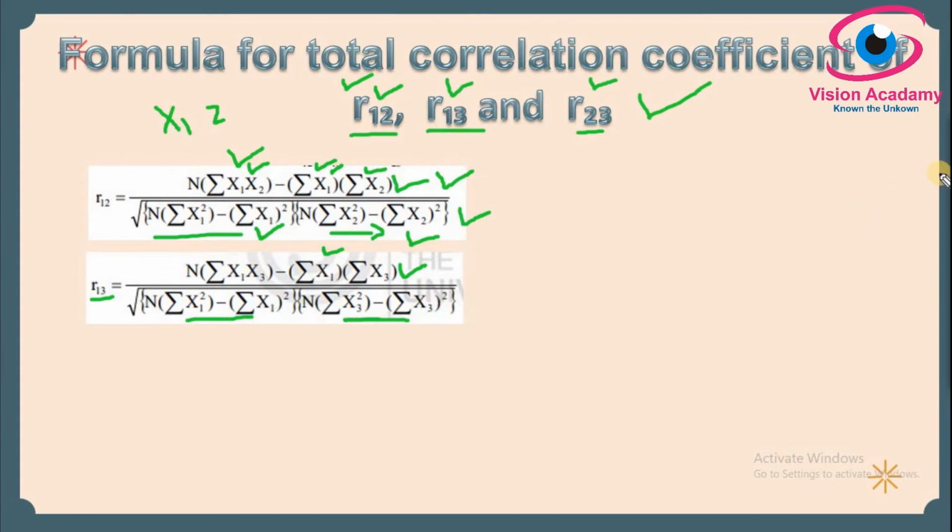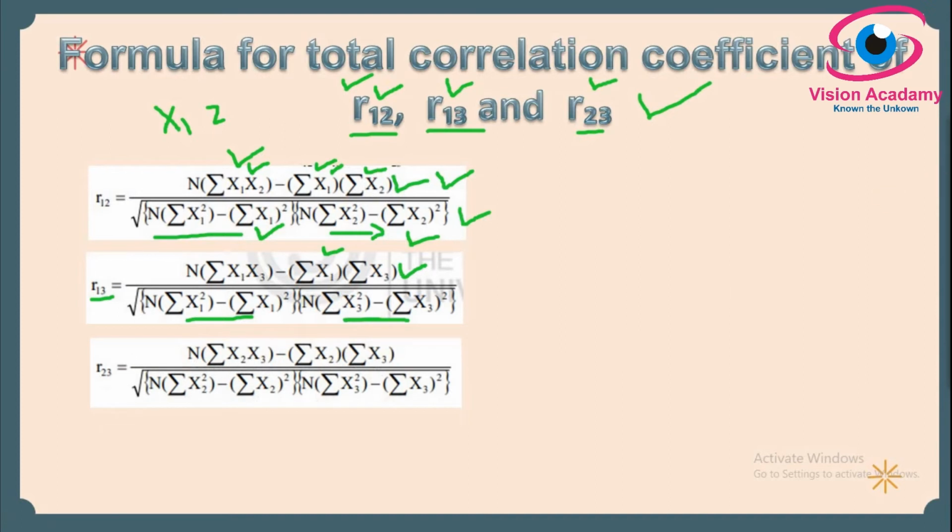Okay, we have one more option, R23. Here we consider variable x2 and variable x3. In the first example we used R12, that is x1 and x2, and in the second example R13, that is x1 and x3.